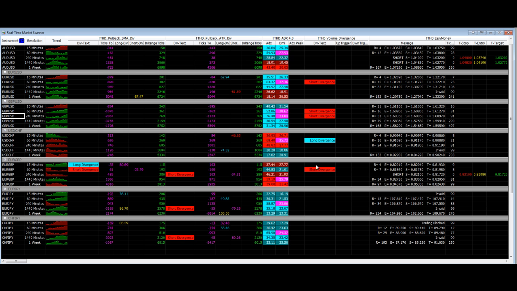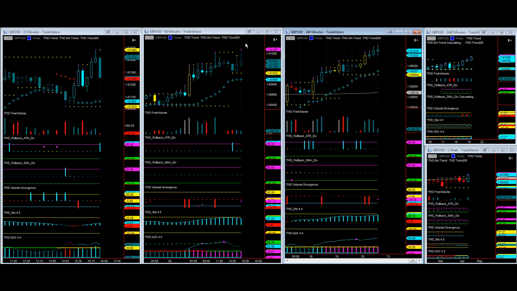So I can go and look at all of these charts, or I can limit my possibilities to the one that has the highest ADX value, and that would be the British Pound US dollar. So I click on it, and then my Forex charts over here change, and I can see that my 240 is right here. This is the divergence that I have had on the 240 chart.